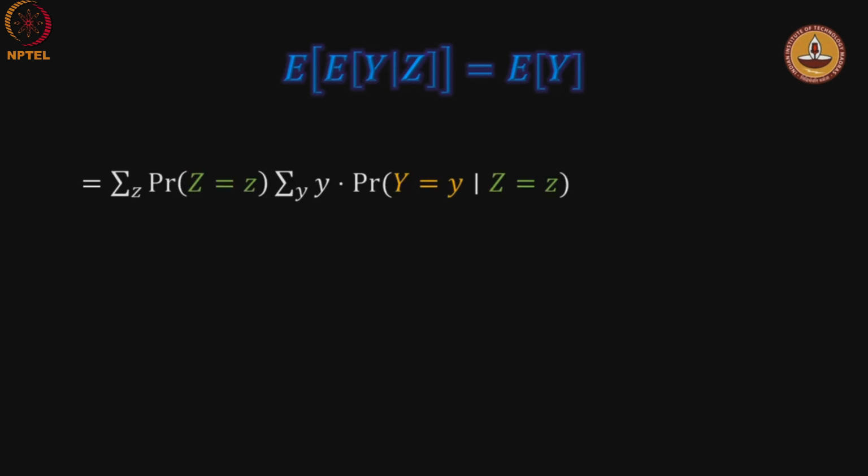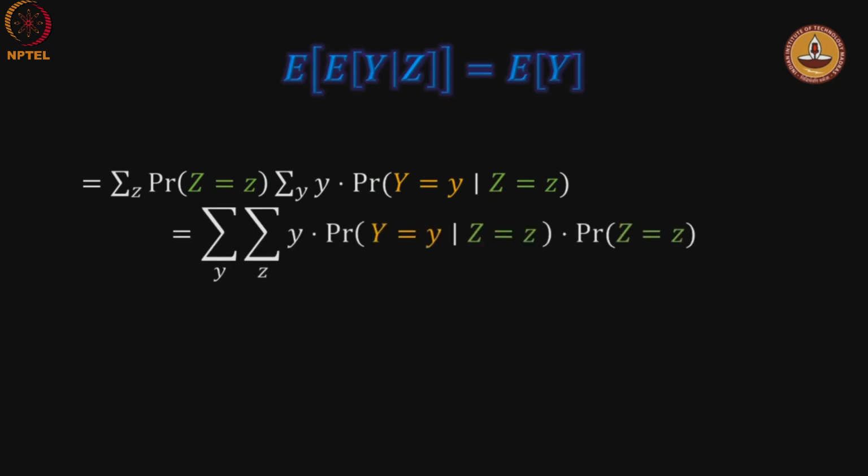So, now what we are going to do is interchange the summations. I am going to bring the summation over y outside, and I am taking the summation over the probability of various values of z inside the inner summation. So, I get this expression. Here what are we doing? Let us go back here.